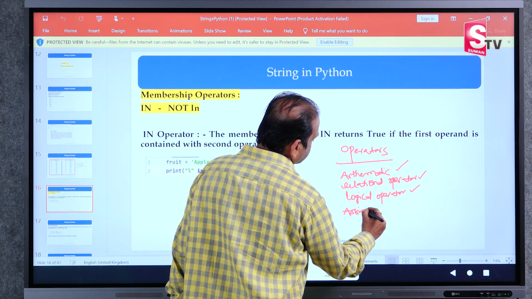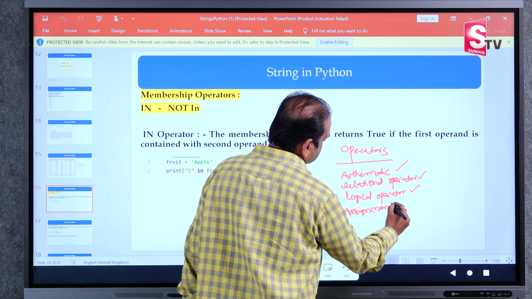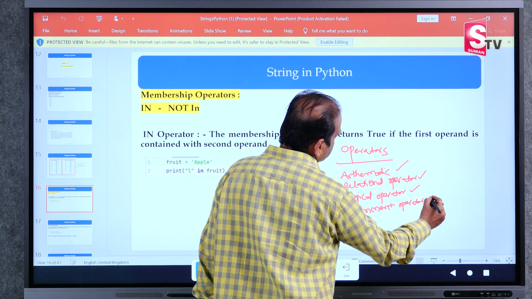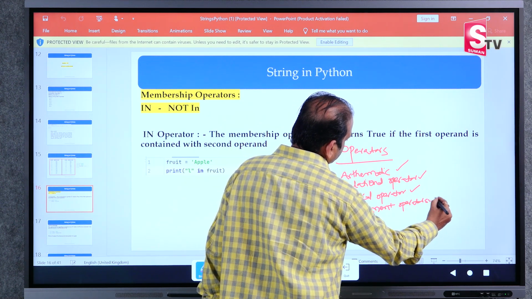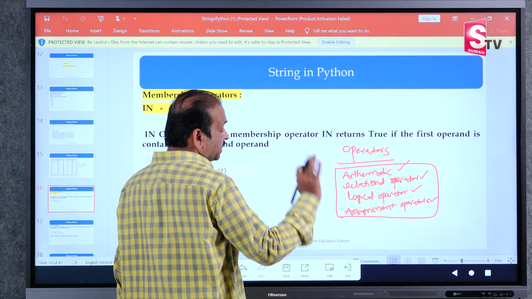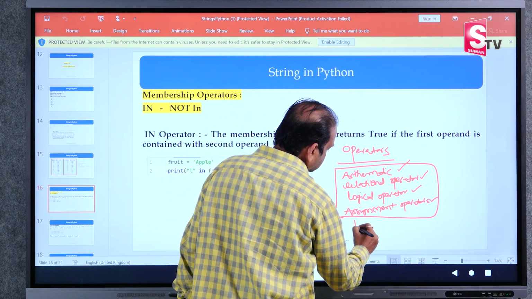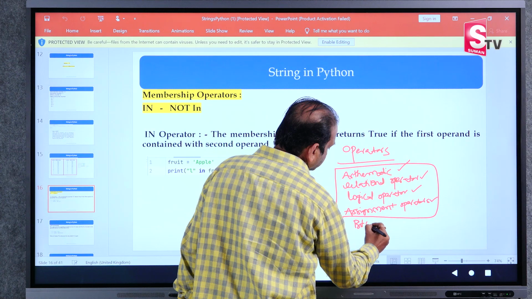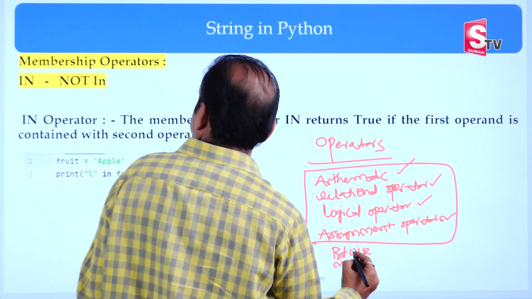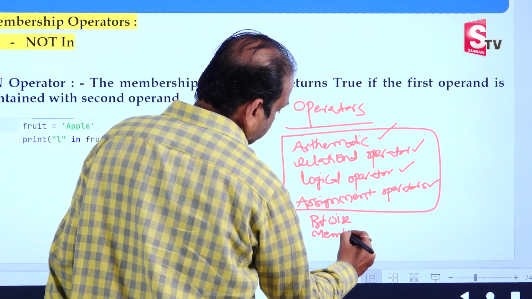Also we discussed assignment operators: single equals to, multiply equals to, plus equals to. These 4 types of operators we discussed in the previous video session. So, 3 are pending. One is bitwise operators. One is membership operators.